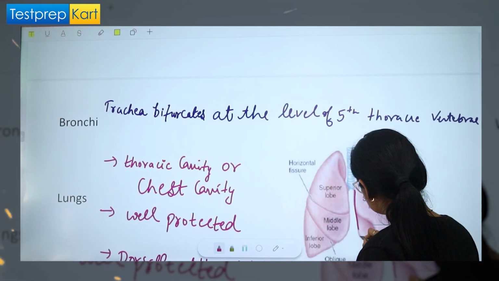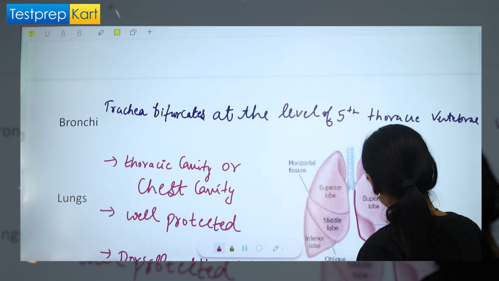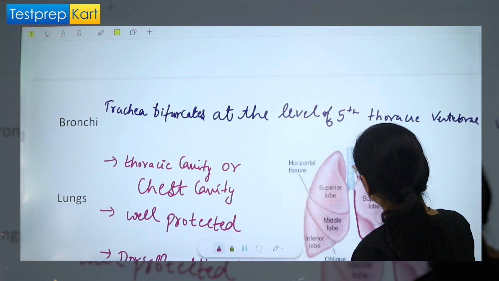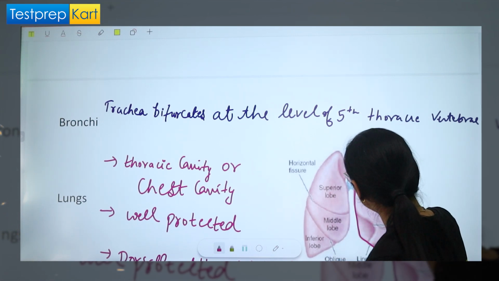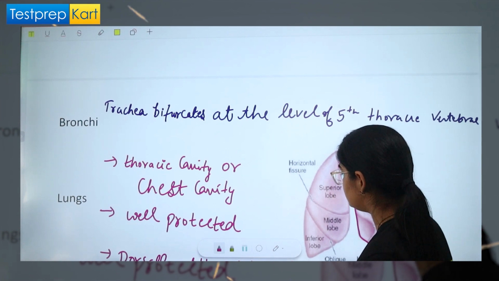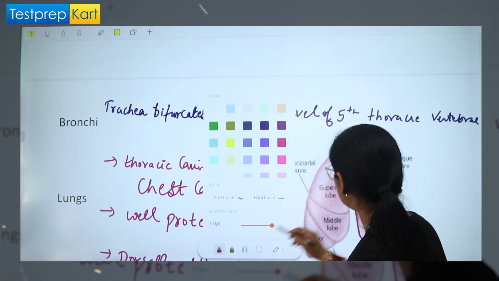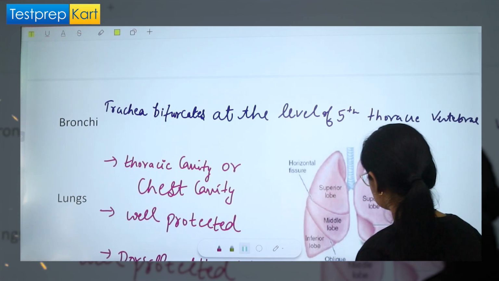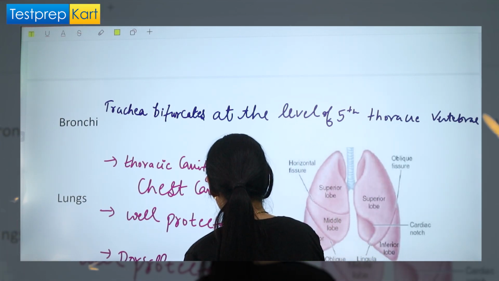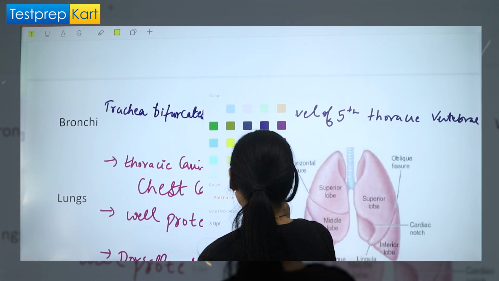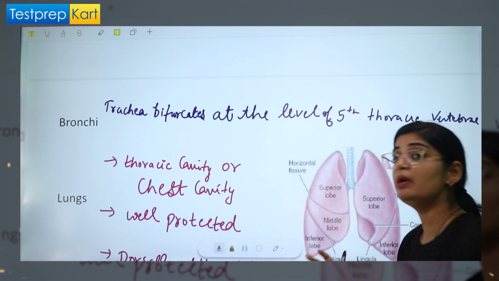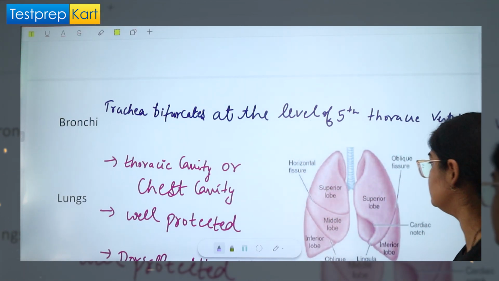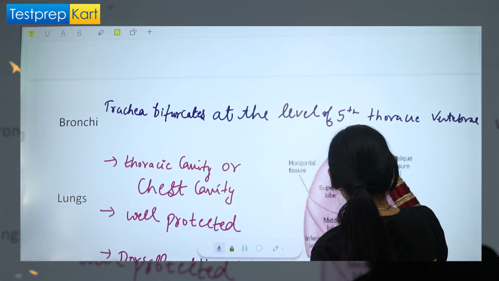The lung is completely covered by membranes, and these membranes are two in number, the pleural membranes, right? These are the pleural membranes. So we can say the lungs are well protected as they are present in the thoracic cavity. Secondly, there is a membrane which encloses the lungs, and there are two in number.